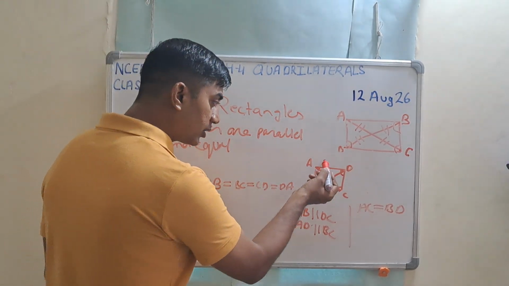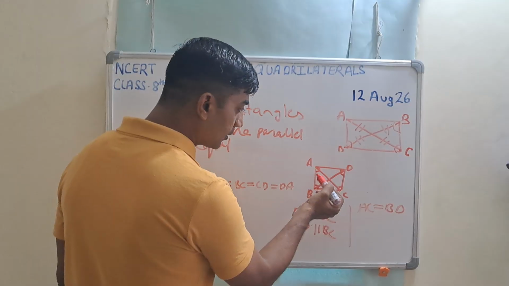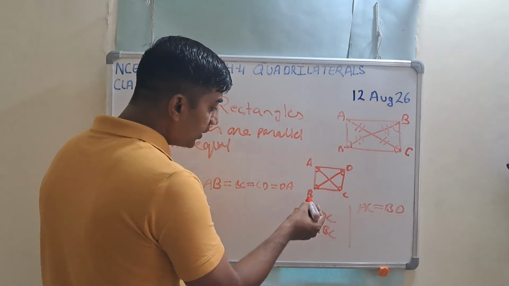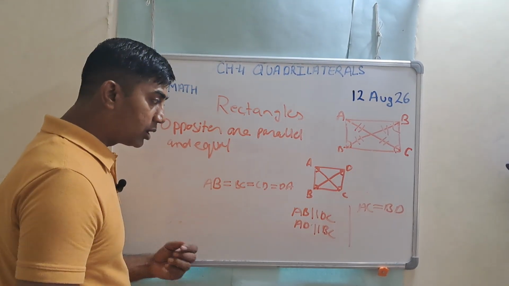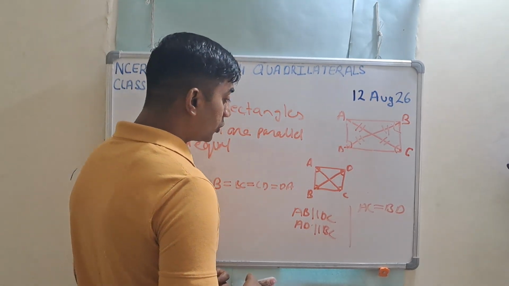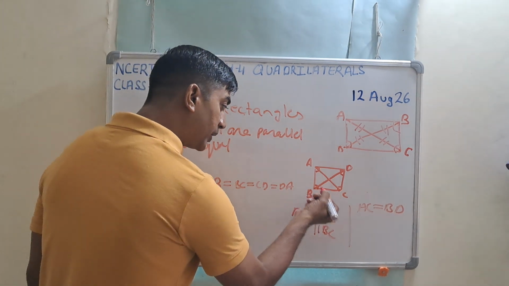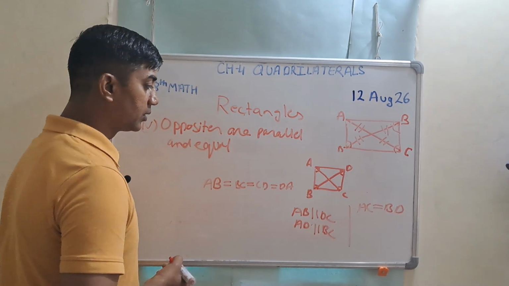In addition to that, all the sides are also equal, and we know about this particular figure when all the sides are equal and all the internal angles are 90 degrees. So this is the special case of rectangle, and we call this figure a square. Understood?